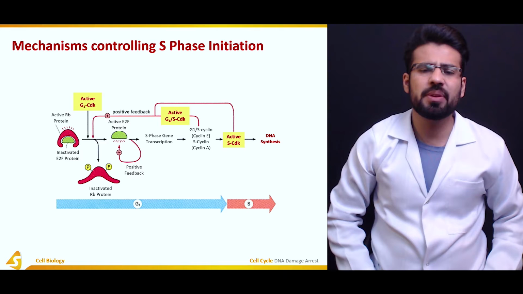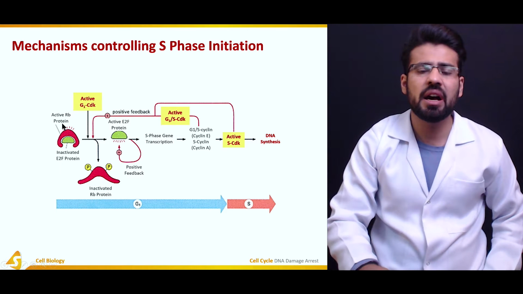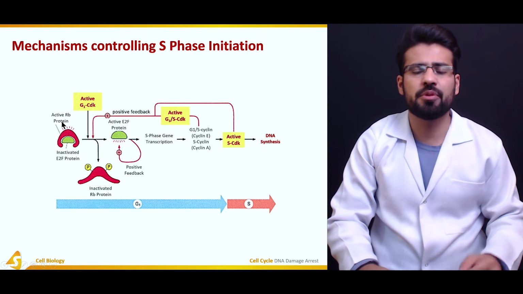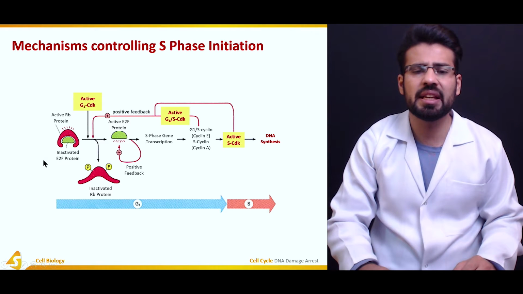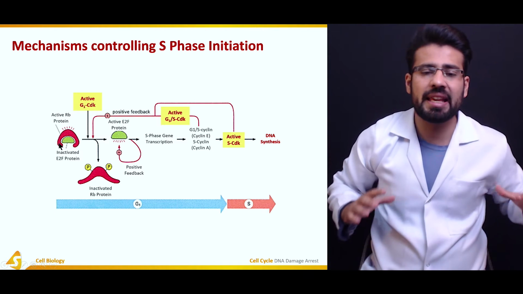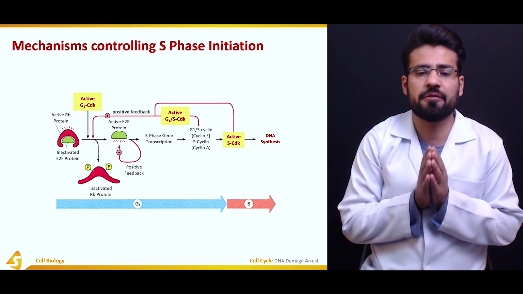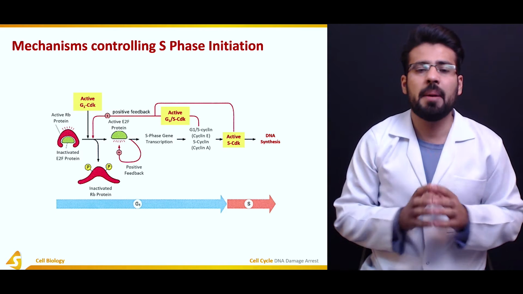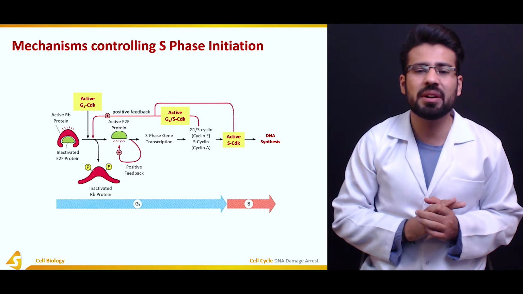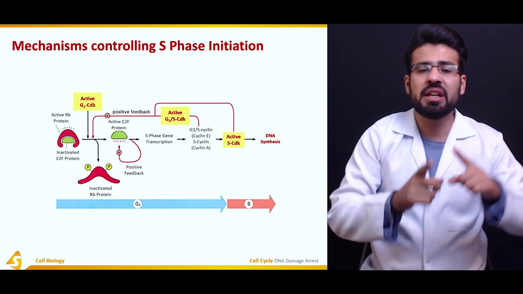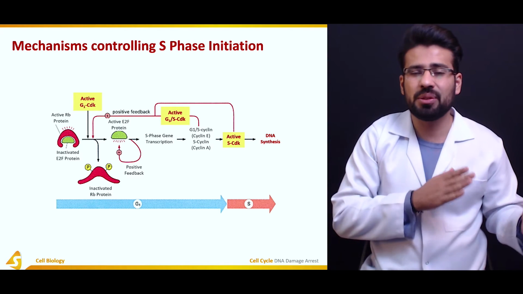So what happens in this particular case, we have the RB protein, retinoblastoma, which is basically keeping the E2F protein in an inactivated form by binding to its activation site. We are talking about the transition of G1 to S phase.